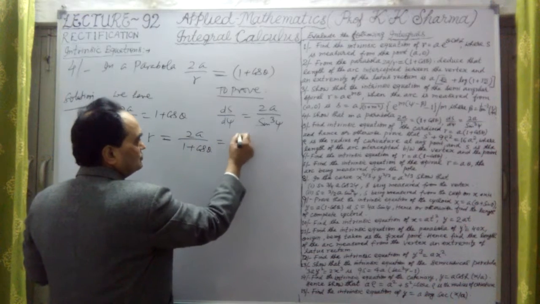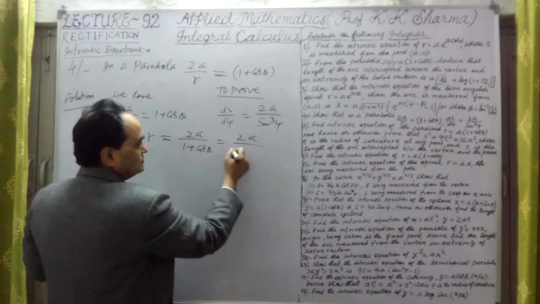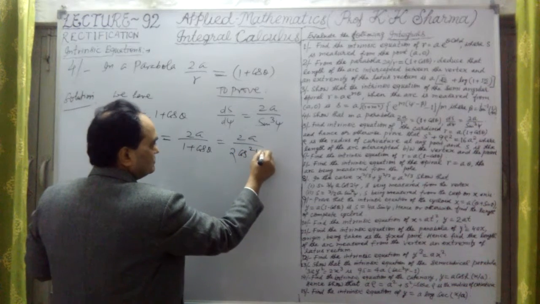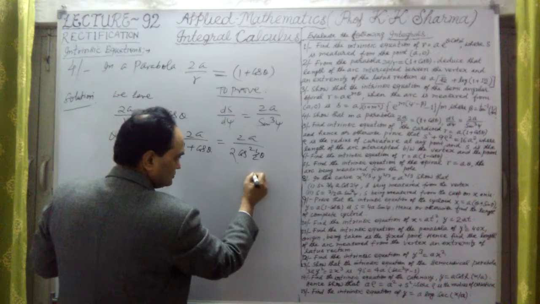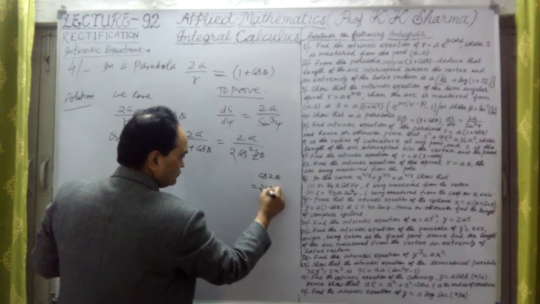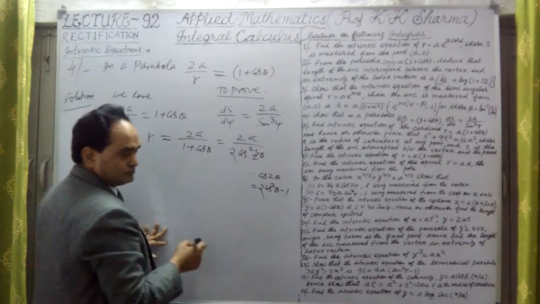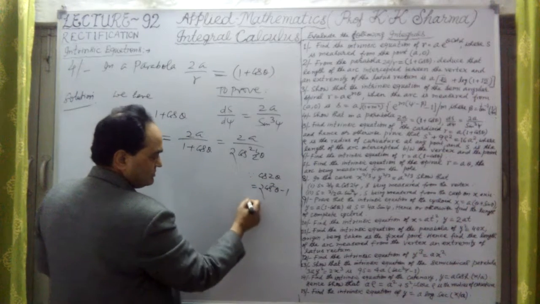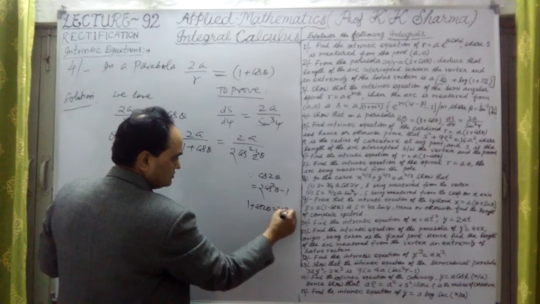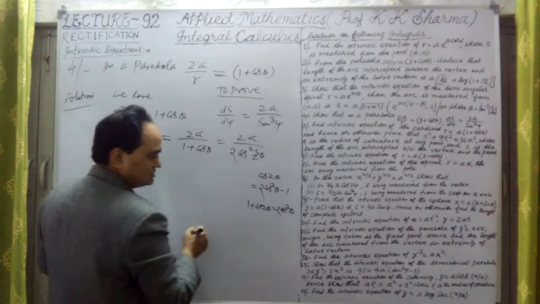But we know that 1 plus cos theta is 2 cos square half theta. Why? Since cos 2 theta is equal to 2 cos square theta minus 1, if I take minus 1 to this side, then it will be 1 plus cos 2 theta equal to 2 cos square theta. Trigonometric identity, try to understand.